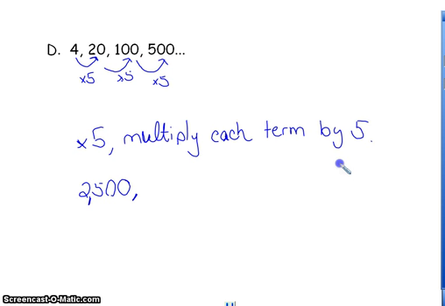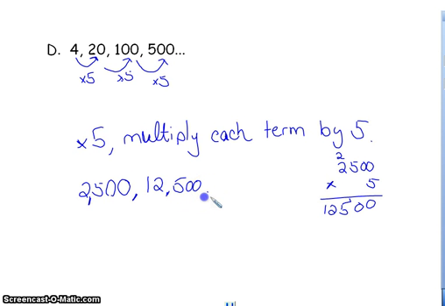Now, if you ever can't do it in your head, you're going to take it to the side. 5 times 0 is 0. 5 times 0 is 0. 5 times 5 is 25. Carry the 2. 5 times 2 is 10. Add your 2. And we have 12,500 as my next term.